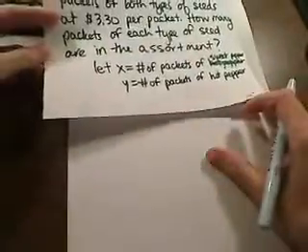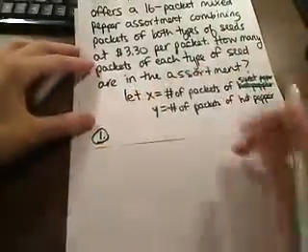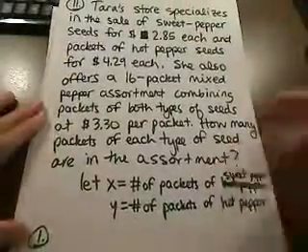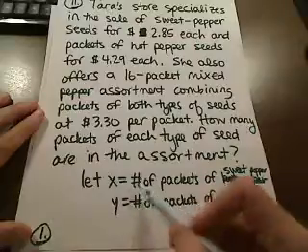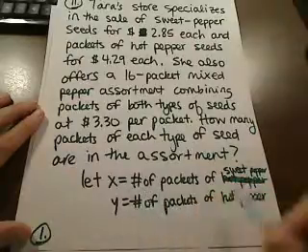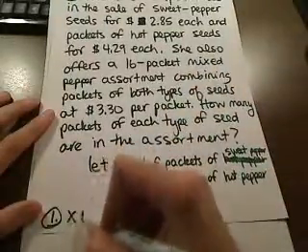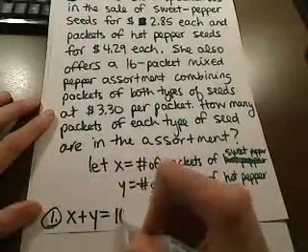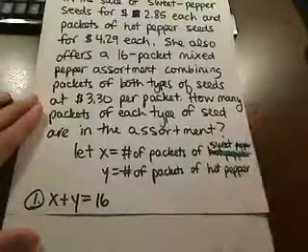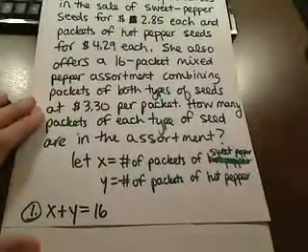So the first equation: if x is the number of packets of one, y is the number of packets of the other, and we've got a 16-packet mix, then x plus y should equal 16. Okay, so that's our first equation there.